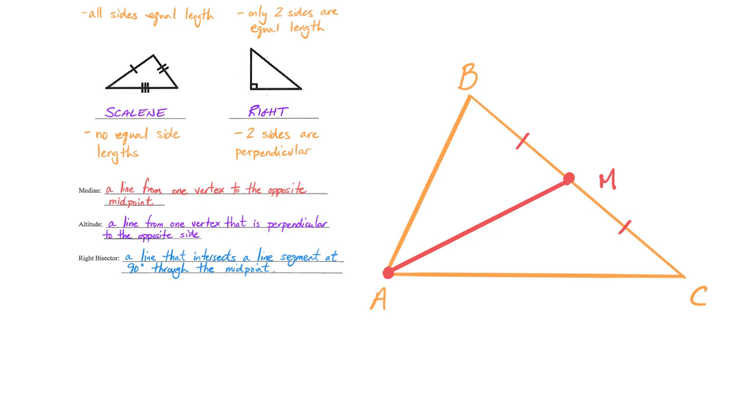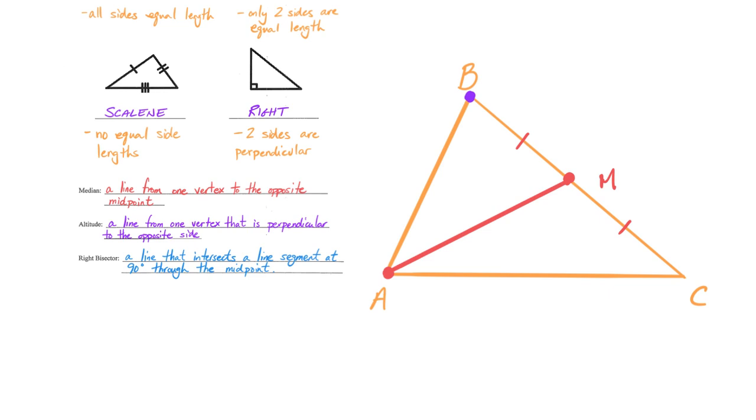So let's draw this altitude from B. That means that I'm going to draw it from one vertex to the opposite side. But I don't know where I hit the opposite side. It's not about where I hit the opposite side, like a median is. It's about how I hit the opposite side. Because it's an altitude, I have to hit it at a right angle.